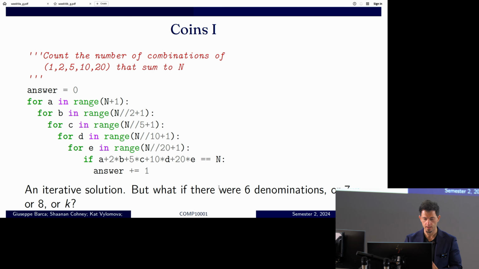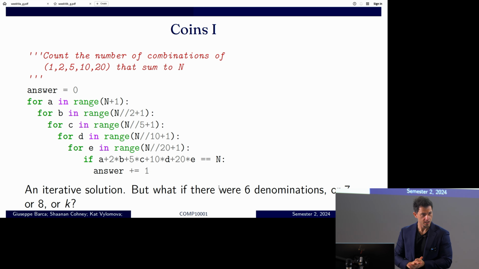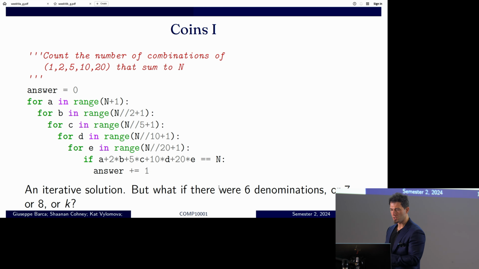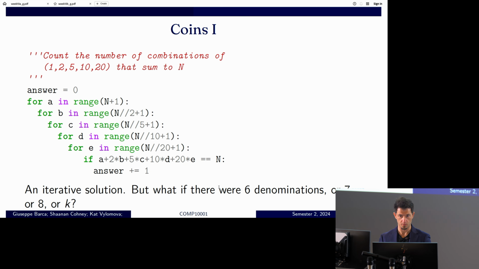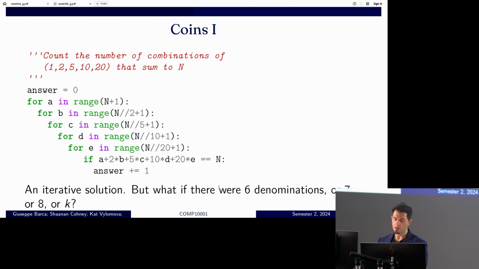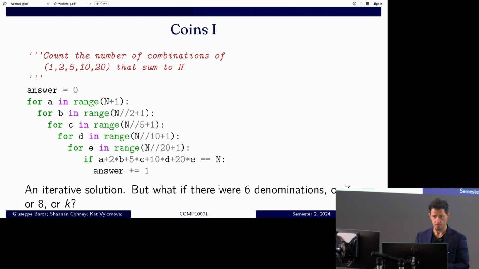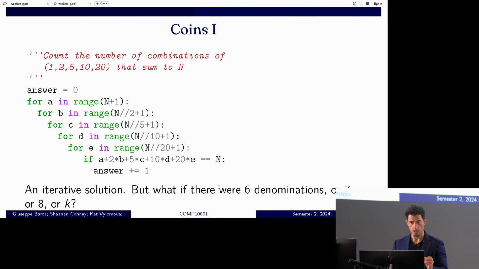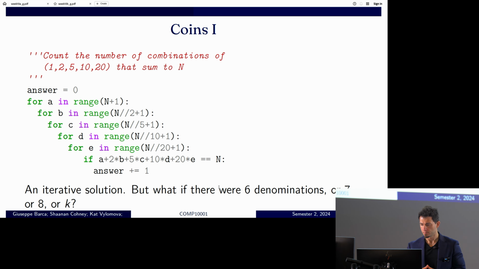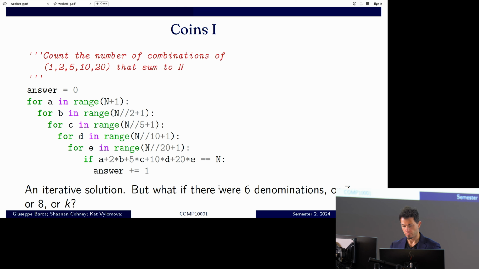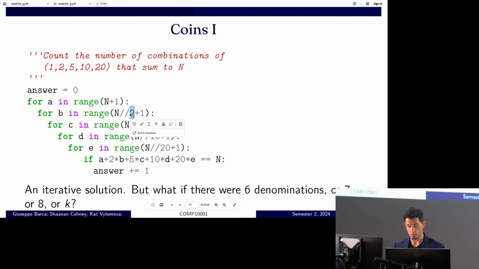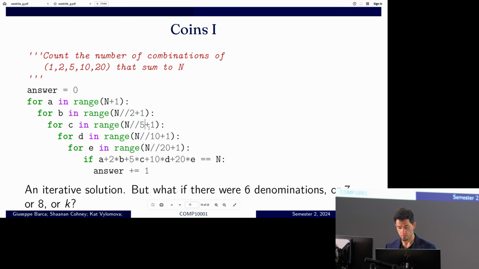So this is the solution using for loops. What we are doing here is looping over all the denominations. We loop as many times as, if you see where the range is going, n integer division the denomination. These numbers are the denominations.